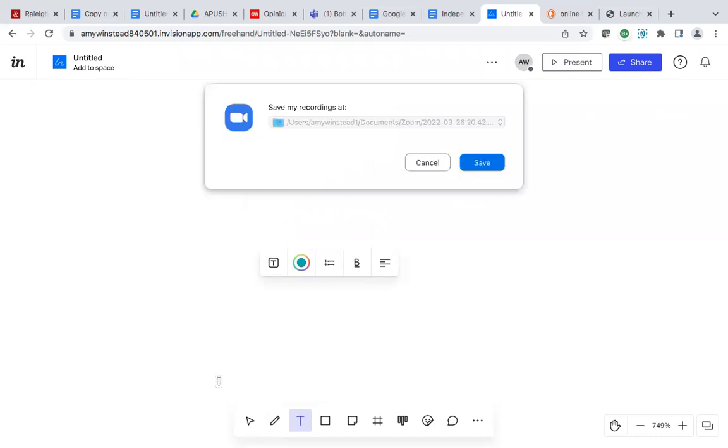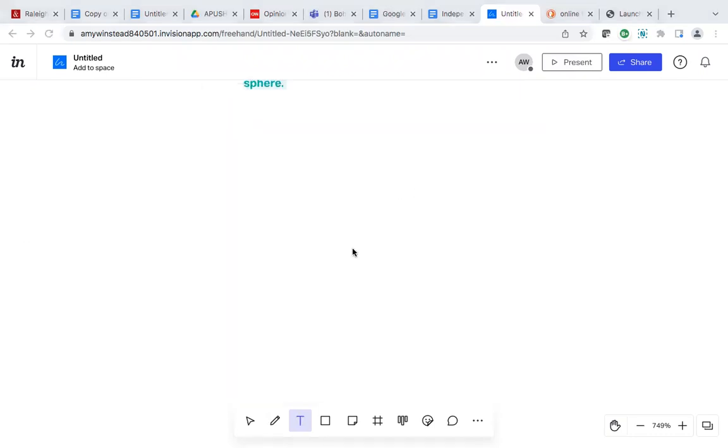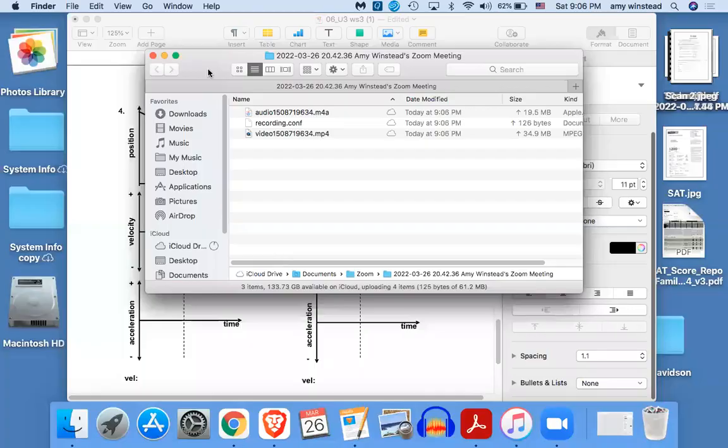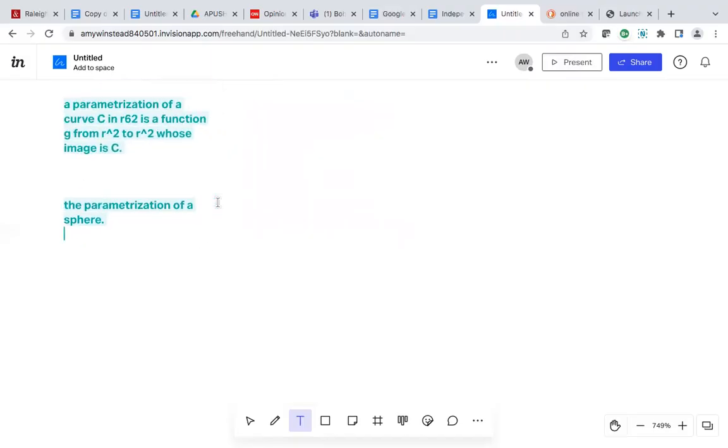But then the book asked us to find the parametrization of a sphere. So obviously cosine t, sine t is not going to work anymore. And before I get started, I'm not going to claim credit for figuring this out.